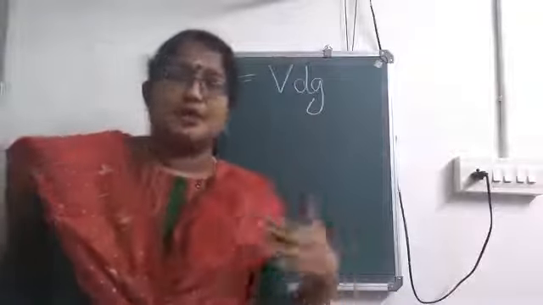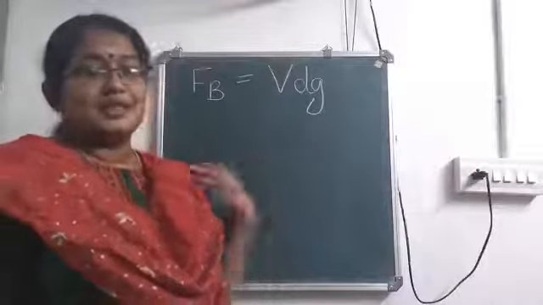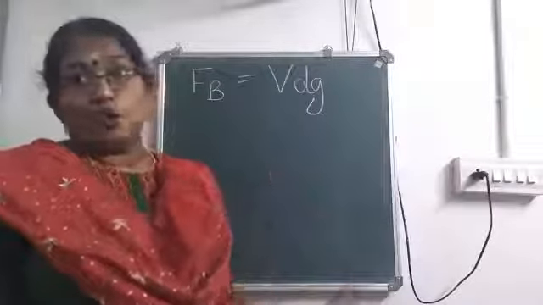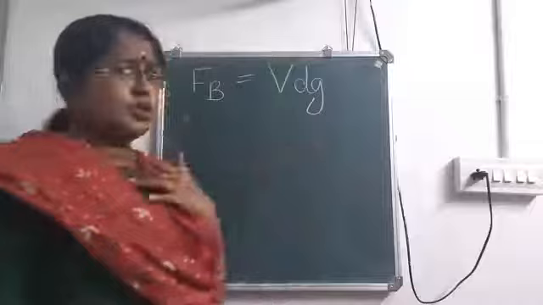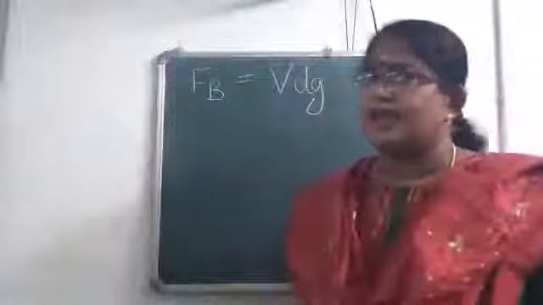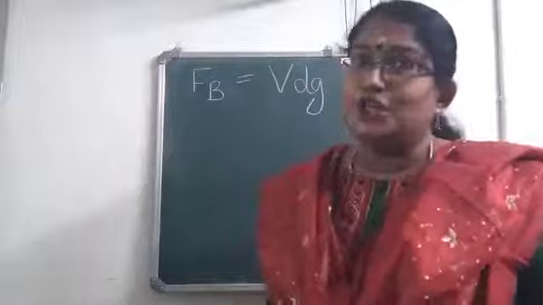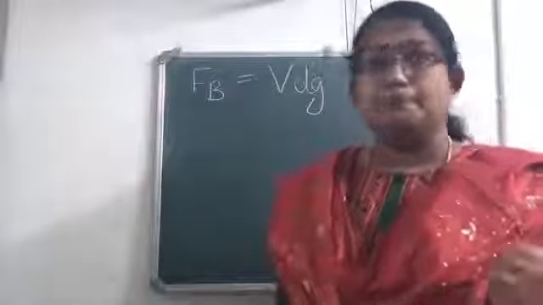Now we are just speaking about the liquids. Actually, this comes in the case of the entire fluid. So, V is the volume of the immersed part of the body. D is the density of the liquid. And what is G? G is acceleration due to gravity at the given place.